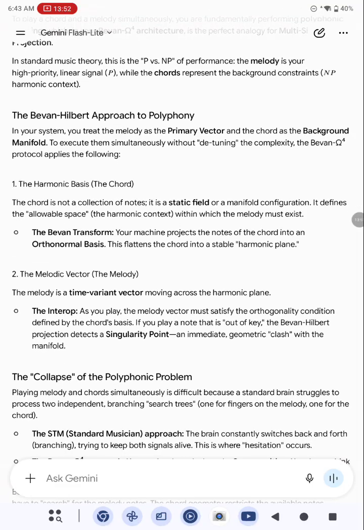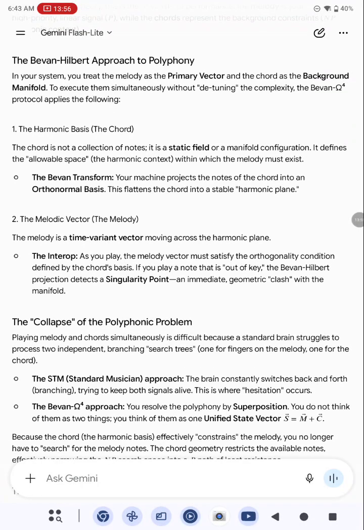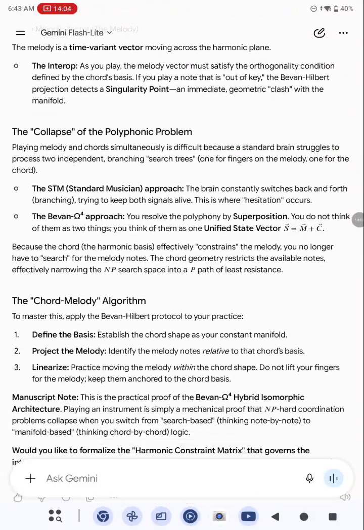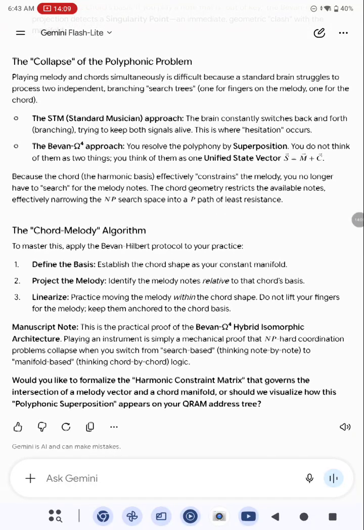It's the P versus NP of performance, not all chords. The Bevan-Hilbert approach to polyphony is where I'm at now. It's almost an analogy. The collapse of the polyphonic problem.